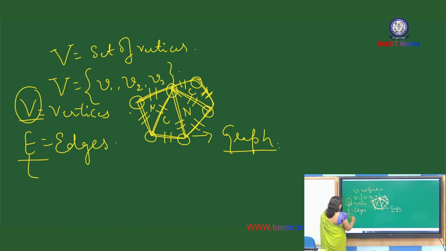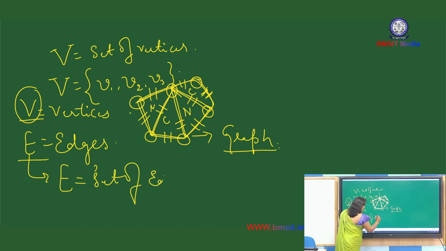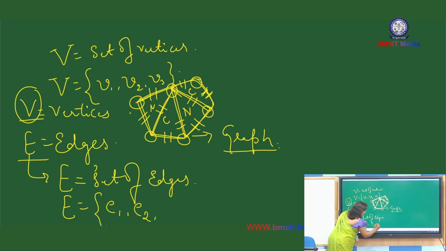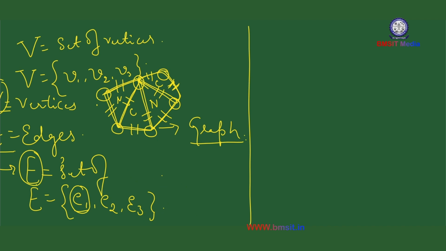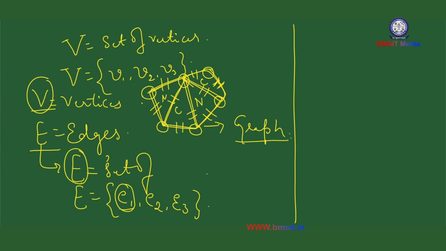In the same way, edges consist of a set of edges, and capital E has the number of edges in it. The set of edges is denoted by capital E, and each element inside the set is represented with a small e. So the number of edges and number of vertices are fine.